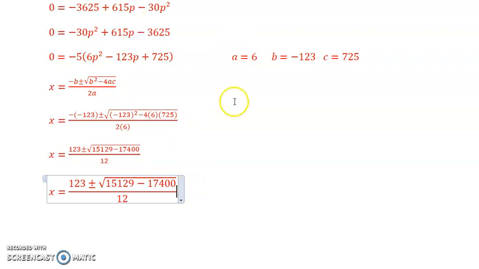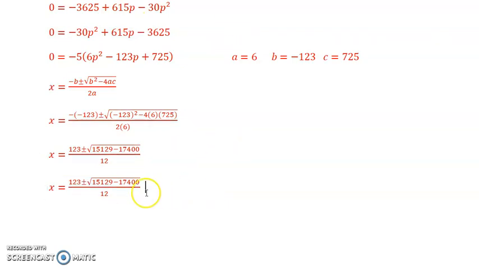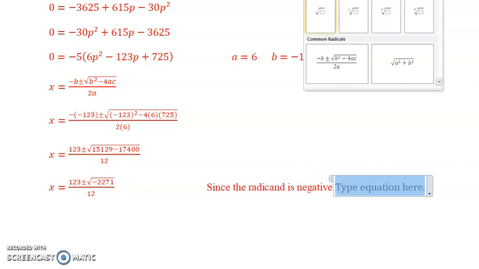You're probably seeing what's happening here. And again, we're going to explore this more in 11 pre-cal. So we end up with negative 2,271, and you got to stop here. You'll notice that this will give you an error, right? So remember that since the radicand is negative, we learned this last year, you can't take the square root of a negative number, we know this, right?